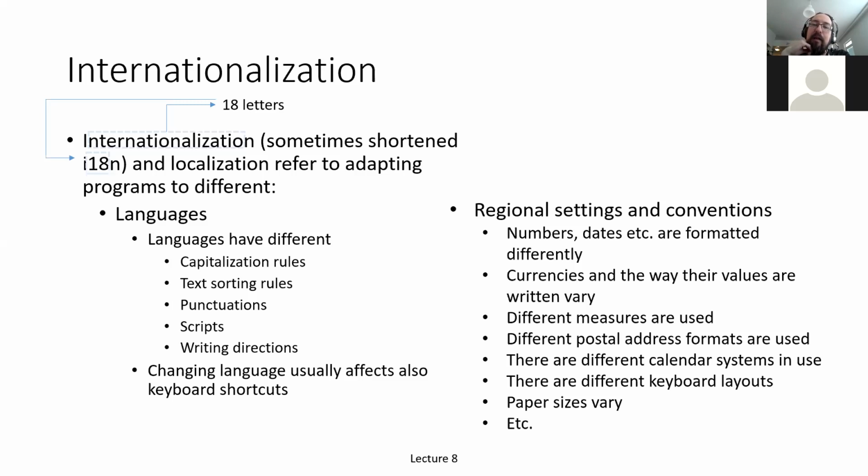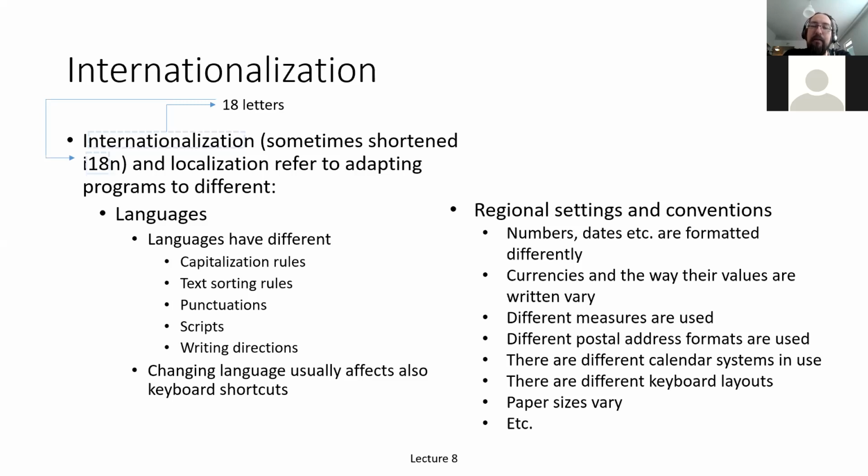And of course there are different units of measurement used across the globe. Postal address formats are somewhat different, and this is often annoying, at least for me, when US-based systems assume that everybody has the same elements in their addresses.